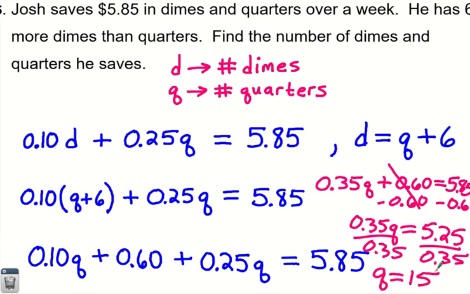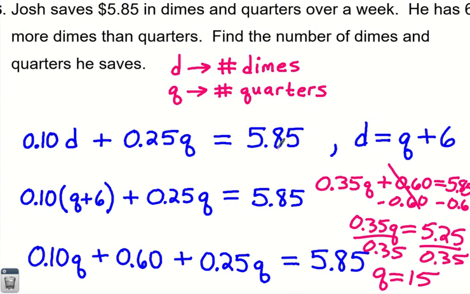So Q equals 15. Is that the final answer? Is that all that's needed? Because again, Q, what we just found, is the number of quarters, obviously. The problem says find the number of dimes and quarters. So, well, easy enough now. If the quarters was 15, then wasn't the dimes 6 more than that?